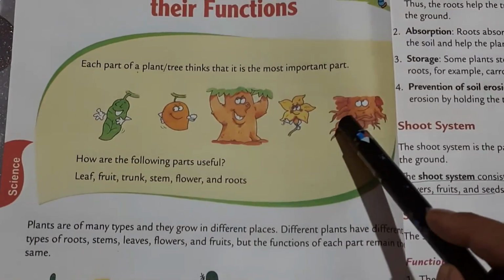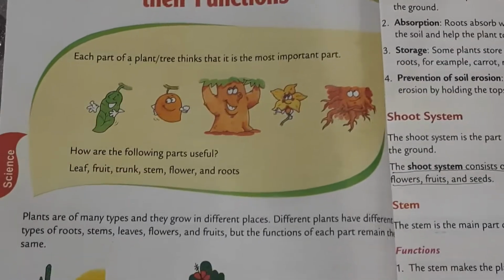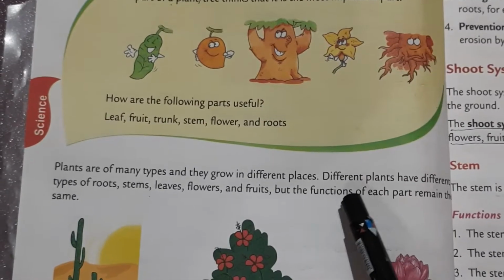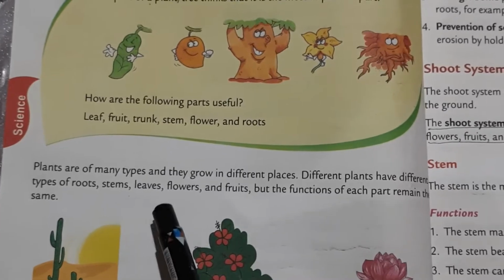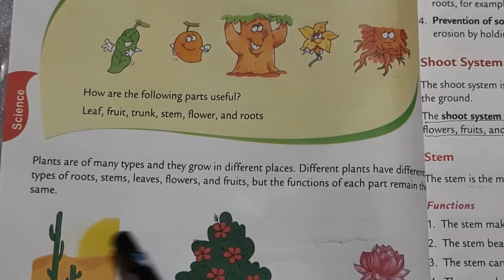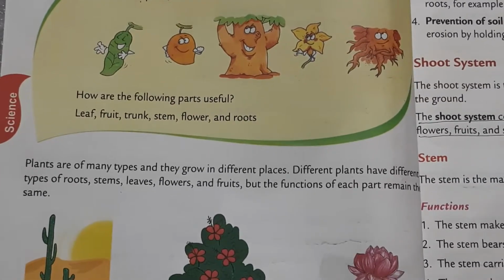All these parts of the plants are very important. They have different functions. Plants are of many types and they grow in different places. Different plants have different types of roots, stems, leaves, flowers, and fruits, but the function of each part remains the same. Yes, we have seen plants around us.